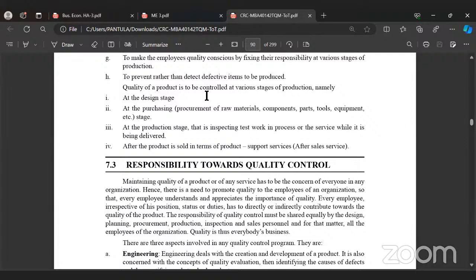So where can we find some kind of defects? Have you heard about buybacks of cars? Buybacks of cars.